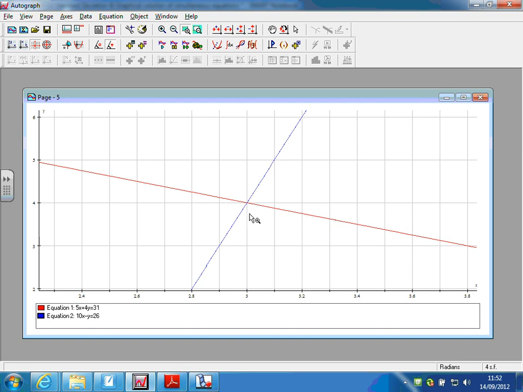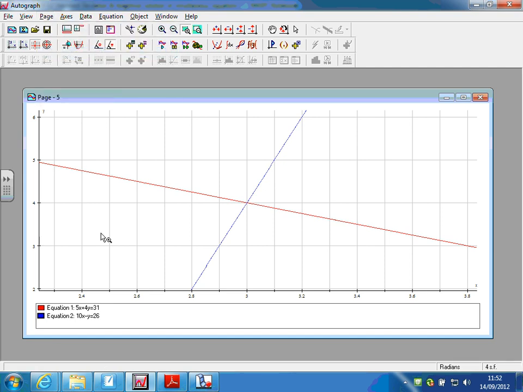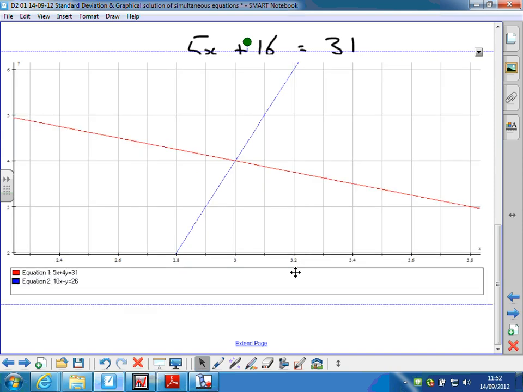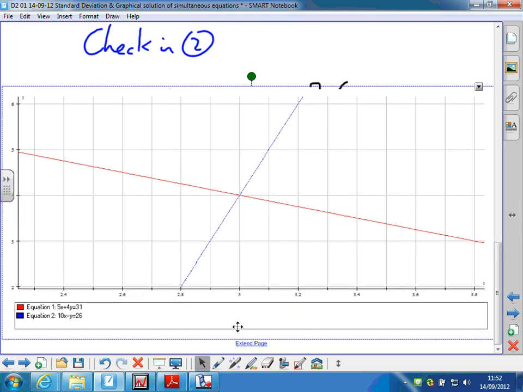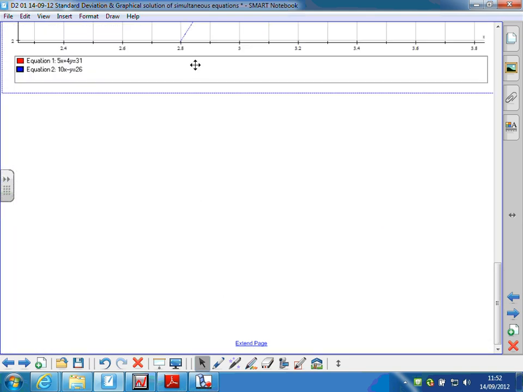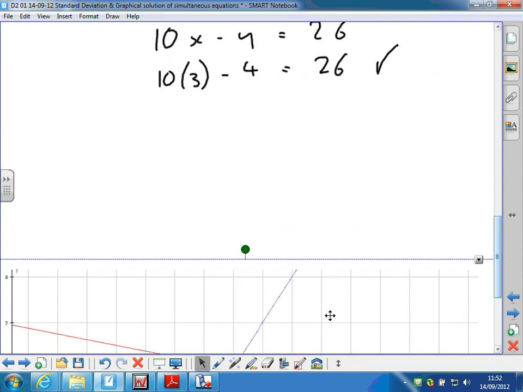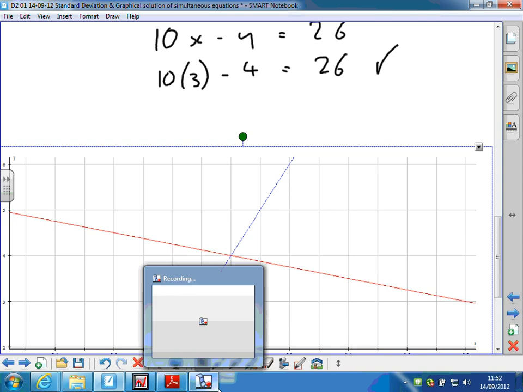So, once you've got the graphical solution, maybe we would like to insert that in. And so I can now put it into the notes. Okay. So graphical solution. Oh dear, don't like the look of that very much.